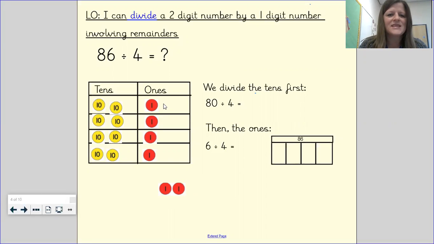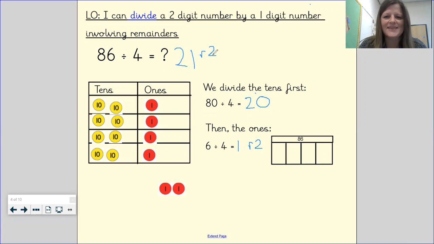So 80 divided by 4 is 20, and then 6 divided by 4, we've got 1 each, remainder 2. So 86 divided by 4 is 21, remainder 2. Hopefully your handwriting is a lot neater than mine on the board with a pen.